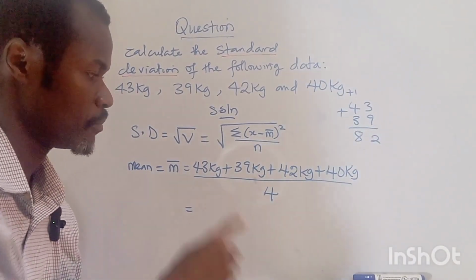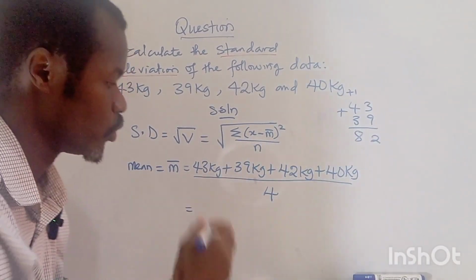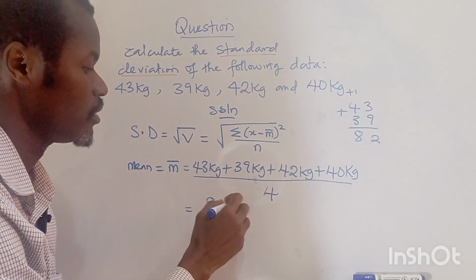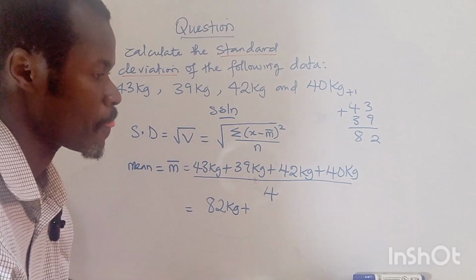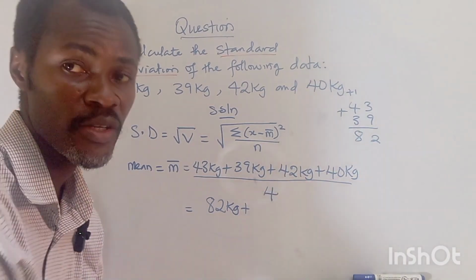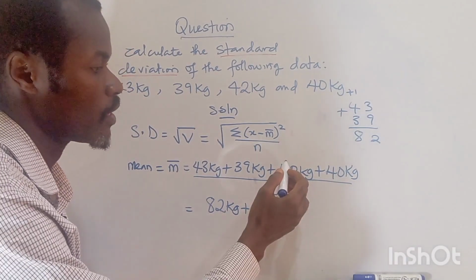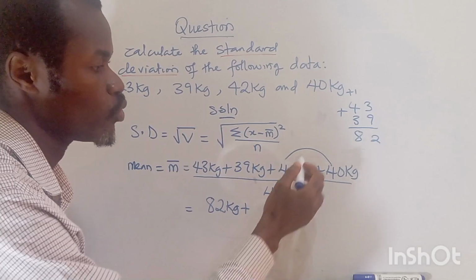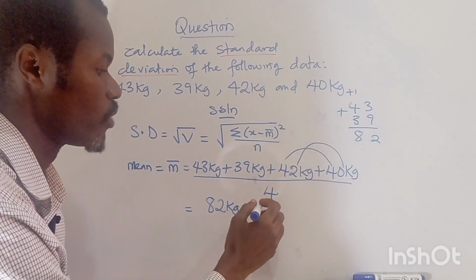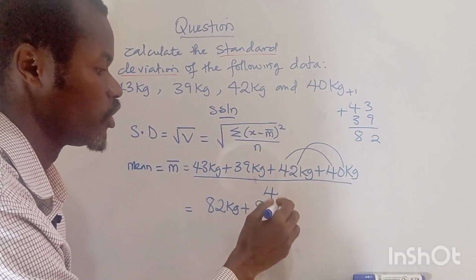So we have 82 kg. Now what about 42 kg plus 40 kg? 4 plus 4 is 8 and 2 plus 0 is 2. So we have 82 kg.